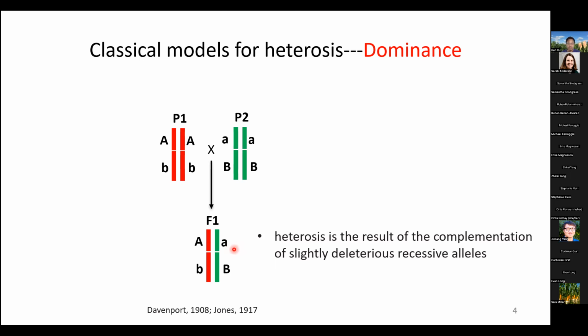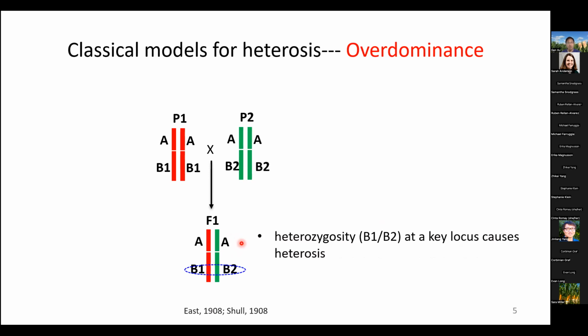Once the F1 has the slightly deleterious recessive alleles combined with favorable alleles, it can show heterosis. The second one is the overdominance model. Here, P1 is crossed with P2, and for the first locus, they are the same.